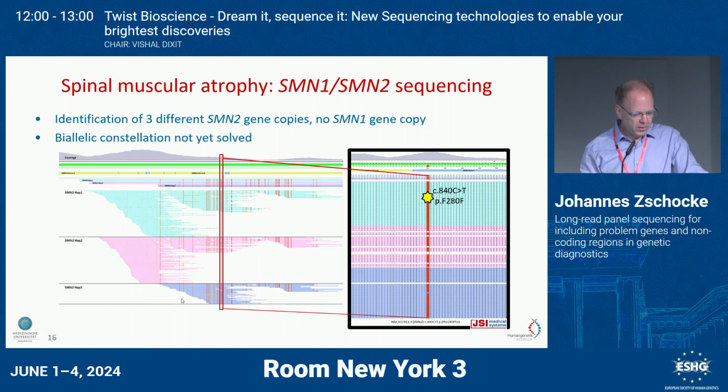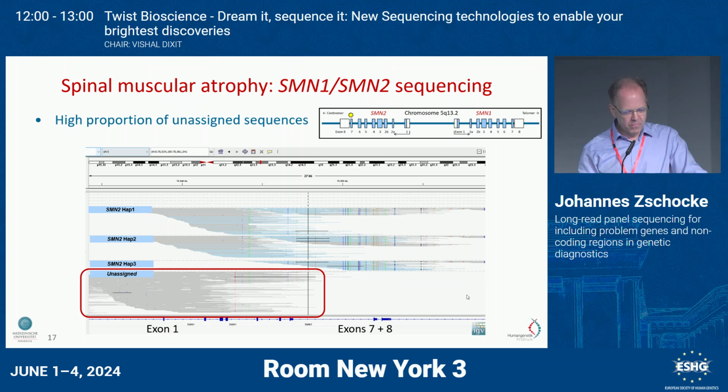If you look at this here, these are the 3 haplotypes. If you look at the data, with the IGV data, here you have a large number of unassigned sequences. So there are sequences that link to the locus, but you cannot link them to either of the 3 haplotypes.